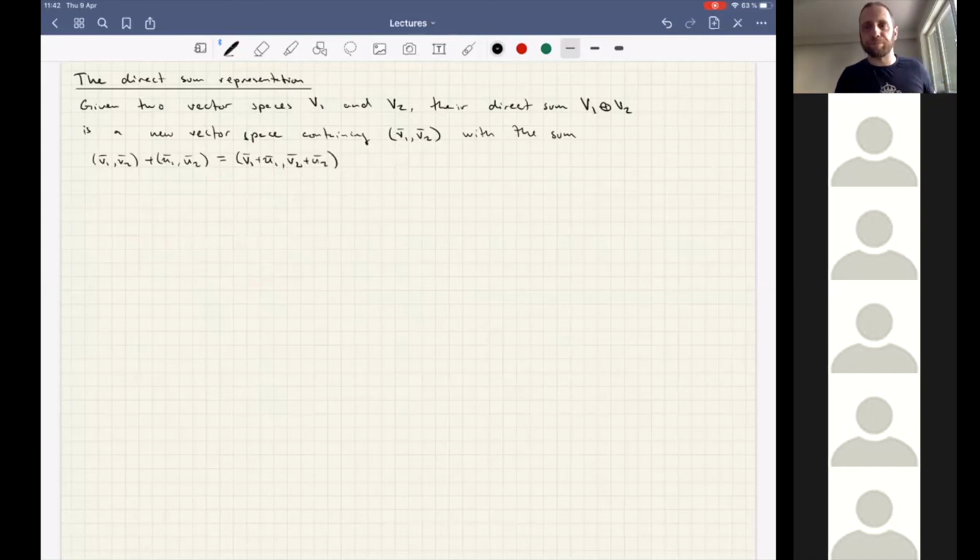This is also a vector space on which we can create a representation if we have representations on v1 and v2.